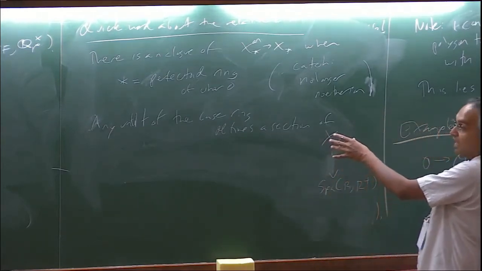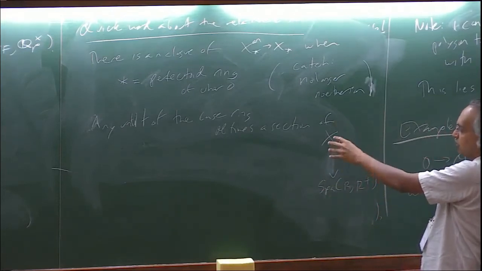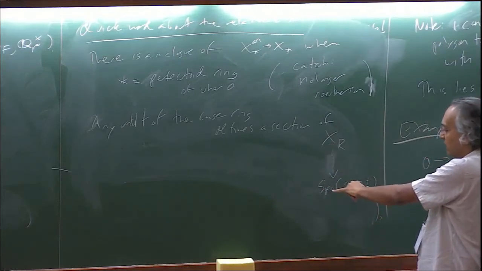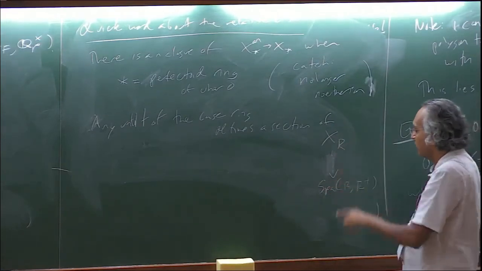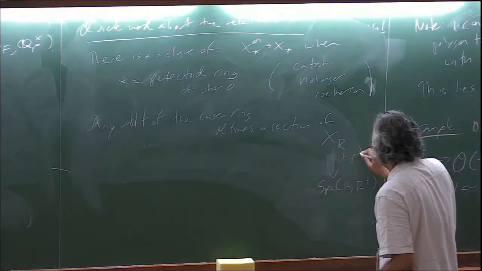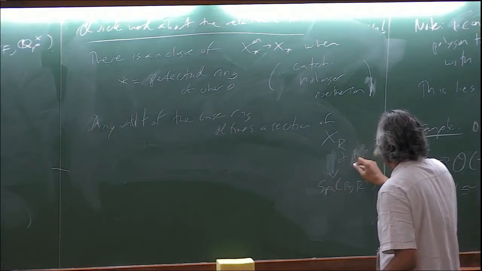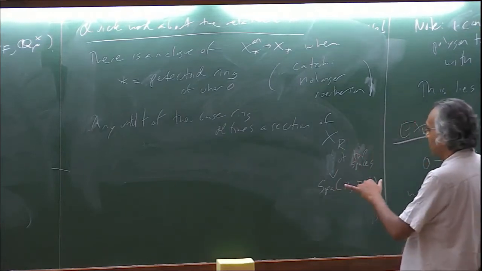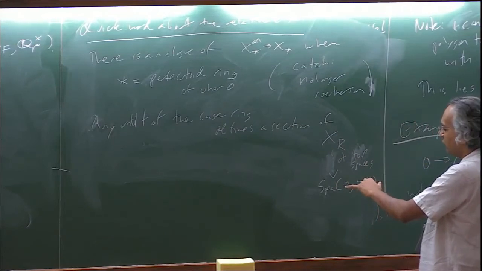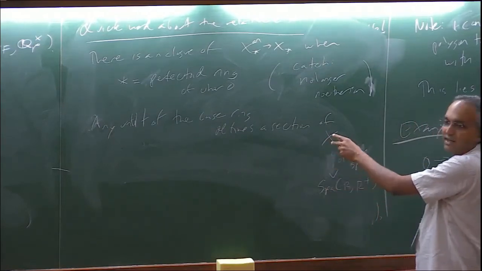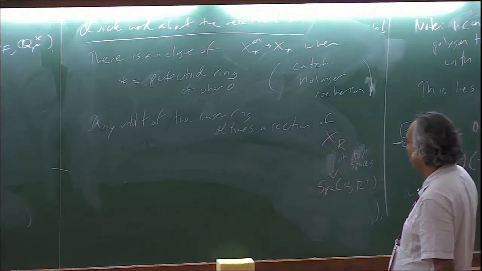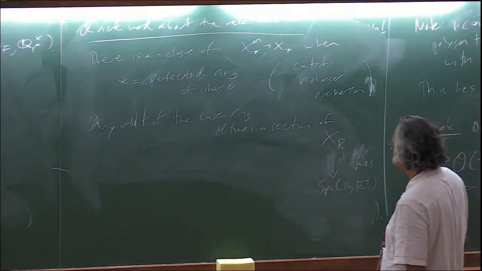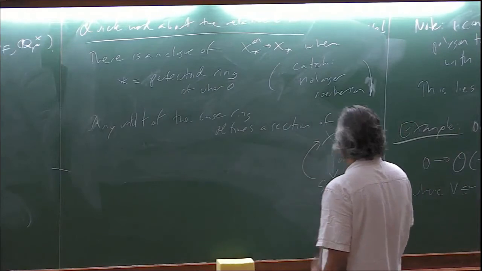As a topological space, the relative construction gives you a topological space mapping to this thing. This is only a morphism of topological spaces. This does not have any structural meaning at the level of structure sheaves because this is characteristic p and this is not characteristic p. So there can't be a morphism like this, but there can be a morphism like this.